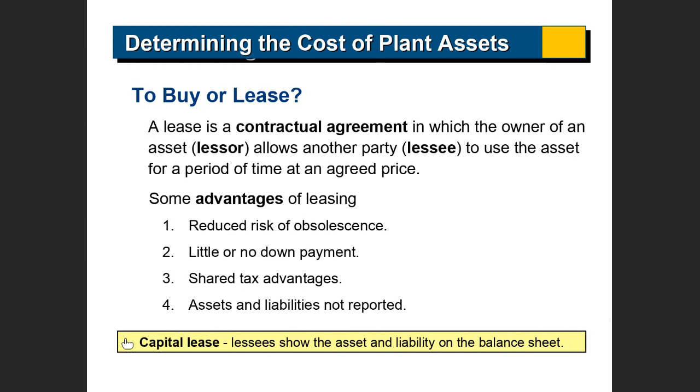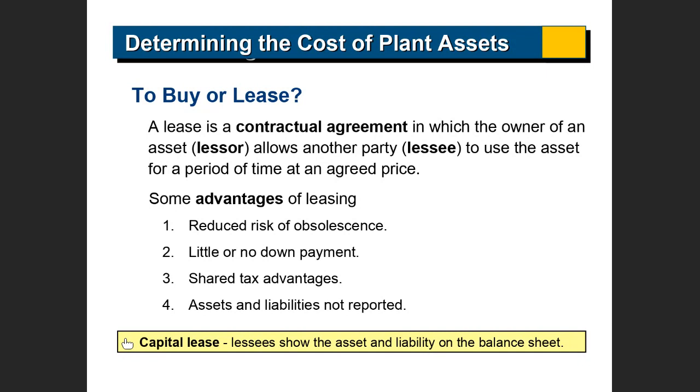Capital lease is when, although it is considered lease, you're paying the rent every month, you have to put that on your balance sheet and you have to depreciate that. And there are certain conditions that make a lease a capital lease.